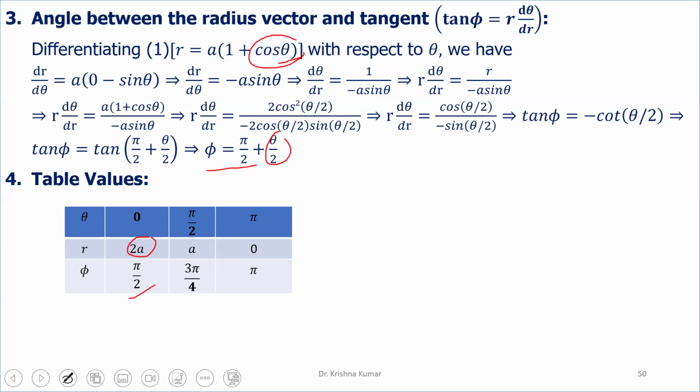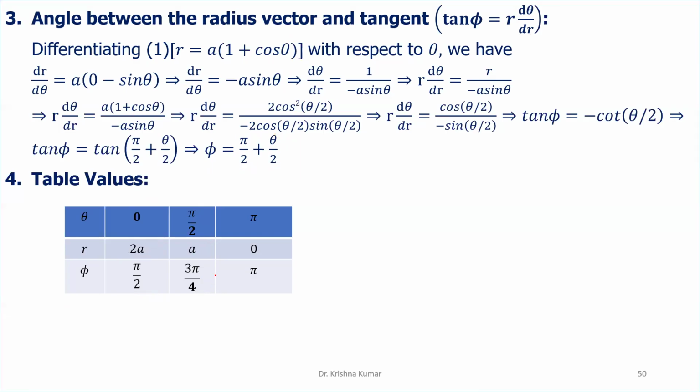Next, if we put theta equal to pi by 2, cos pi by 2 is 0, so r equal to only a. And here phi is pi by 2 plus pi by 4, which is nothing but 3 pi by 4.